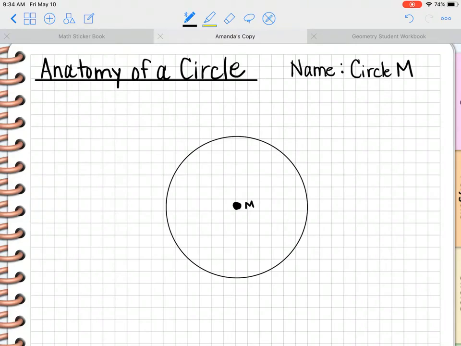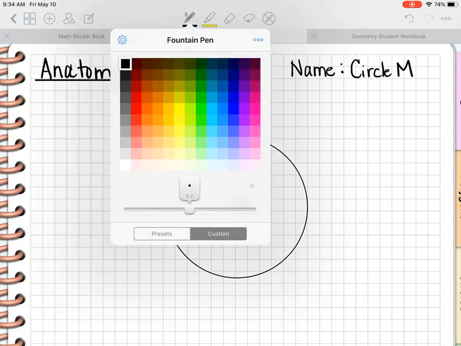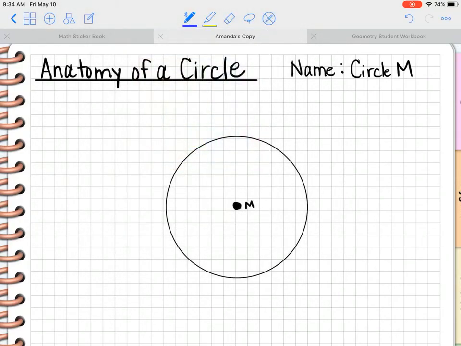Then let's do, if you have colored pencils, this is a really good time to use them. Let's go ahead and draw in a line segment that runs from here to here. Okay, and that is called radius. So let me give you the definition of radius.